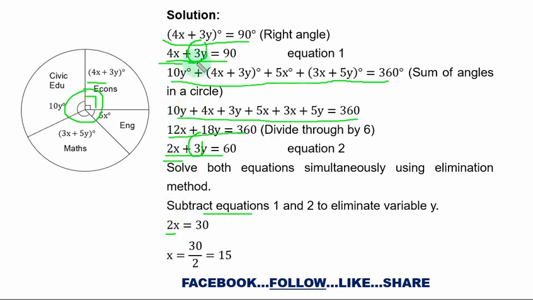Then plus 3y minus plus 3y is 0. 90 minus 60, you have 30. To get s, divide both sides by 2, and s is equal to 30 over 2, and you have 15. Let us solve for y and continue.